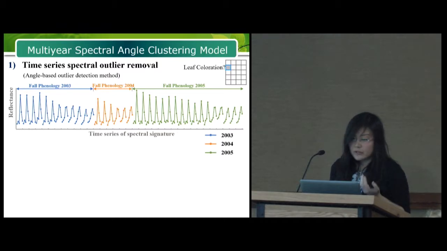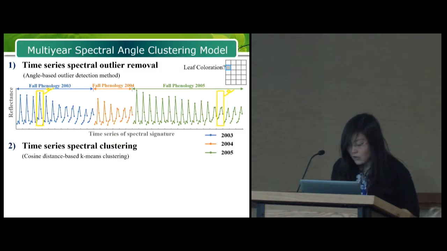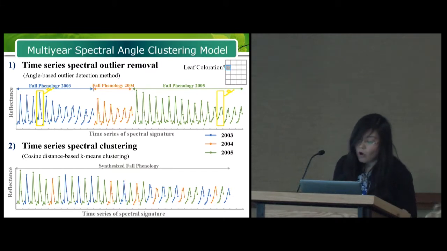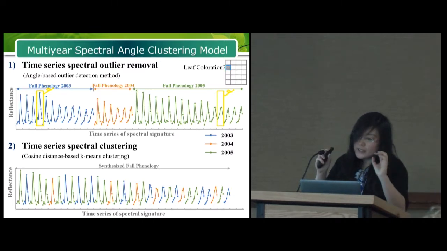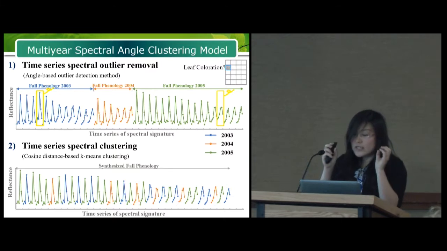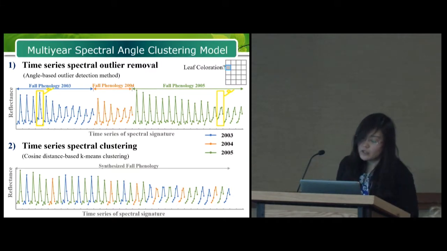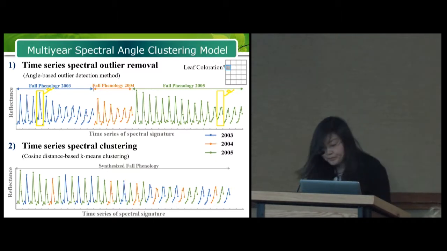More specifically, the key idea of this model is, after getting rid of those outliers, we try to mix, sort, or synthesize all the spectral information across years together. In other words, we try to piece together all the snapshots of the phenology acquired across multiple years in order to recover the fall phenological process.